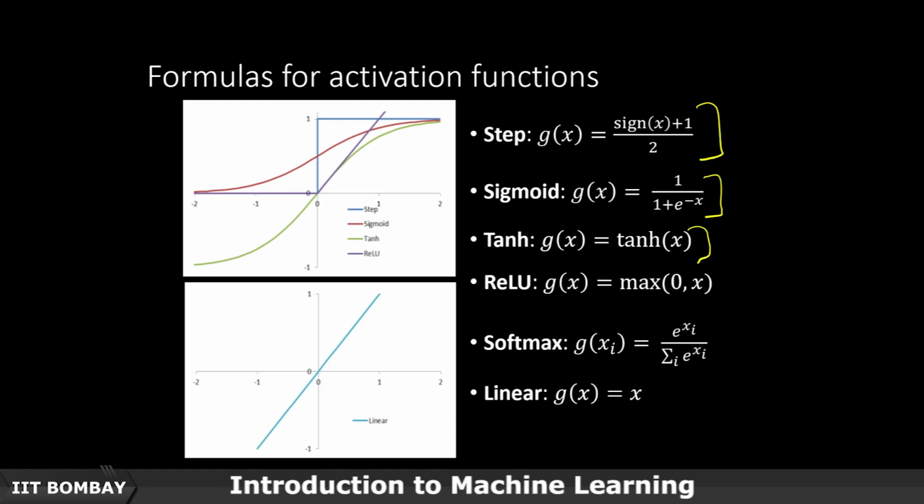And then we have ReLU, which is just max of 0 and x, right? And then we have softmax, which if you take i equal to 2, takes a form very similar to sigmoid. It's basically just a 2-dimension or 3-dimension or n-dimension generalization over sigmoid.